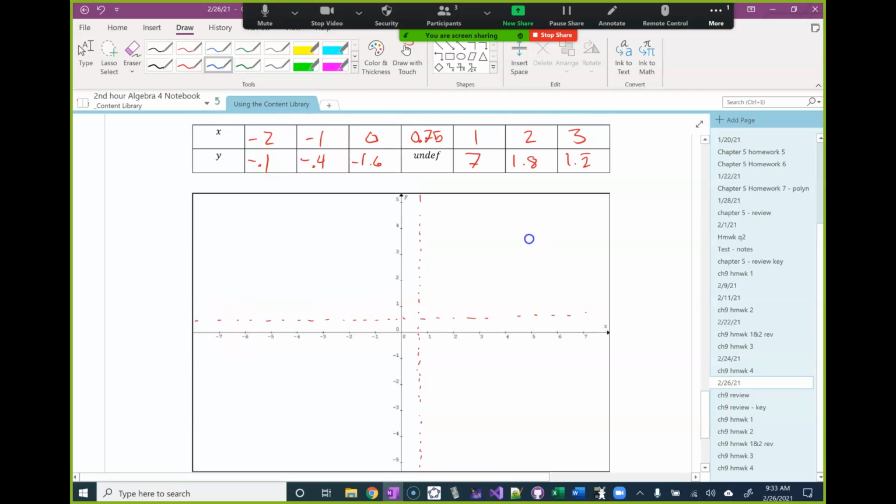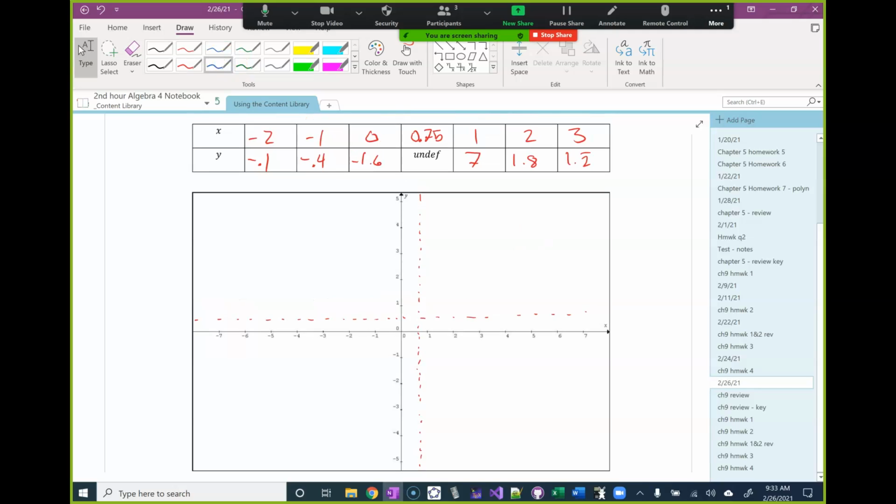And then let's start plotting. So negative 2 and negative 0.1, maybe there. Negative 1 and negative 0.4, maybe there. 0 and negative 1.6 is about there. There's that. Cool so far? Okay.